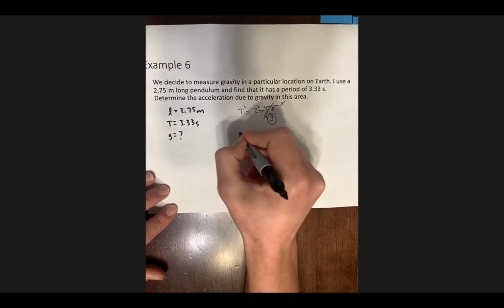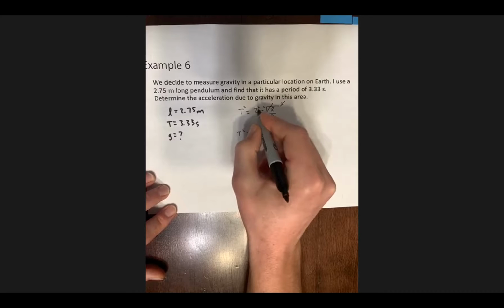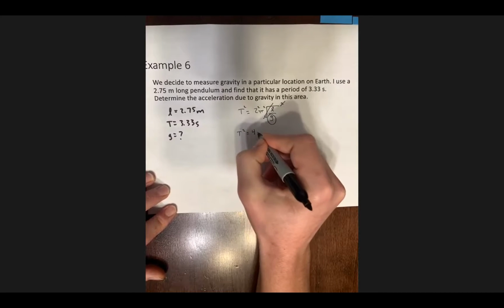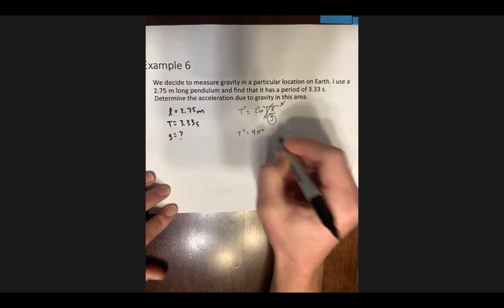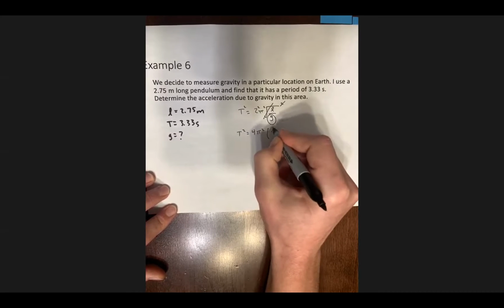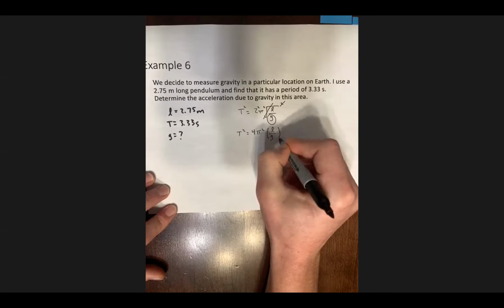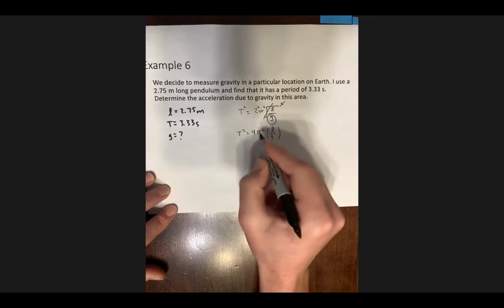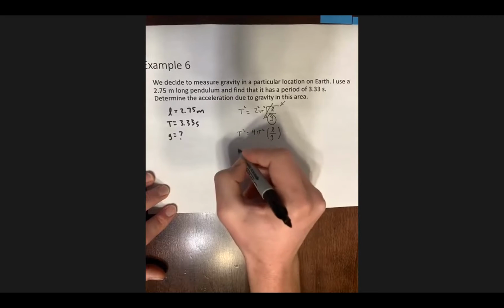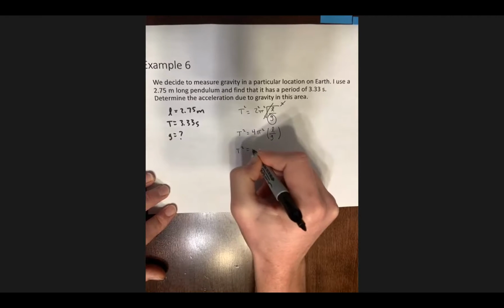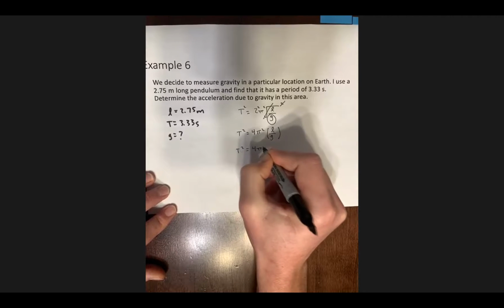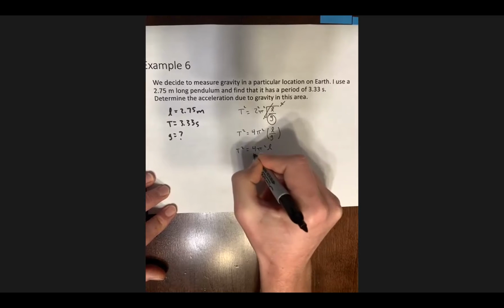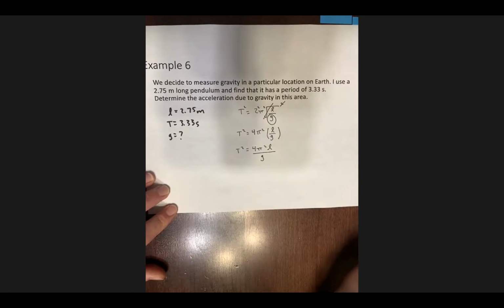So we'll be left with T squared is equal to 2 squared is 4, pi squared, I'm just going to leave that, times the length of the pendulum over the force of gravity. We can simplify this. We'll just multiply that in. So T squared is equal to 4 pi squared L over g.